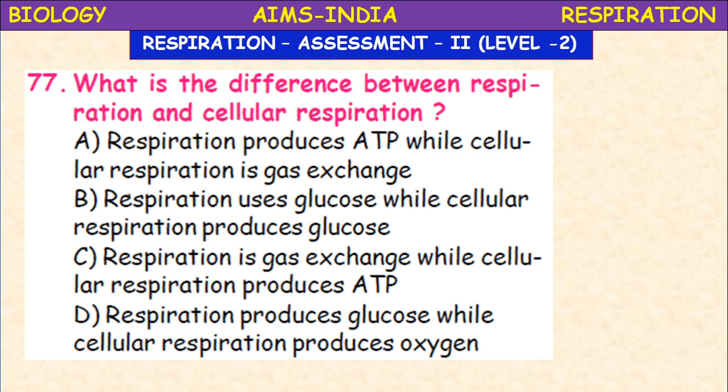Respiration produces glucose, while cellular respiration produces oxygen. What is the correct one here? Respiration is nothing but that which involves the participation of respiratory organs. So respiration is gaseous exchange, while cellular respiration is the production of ATP.